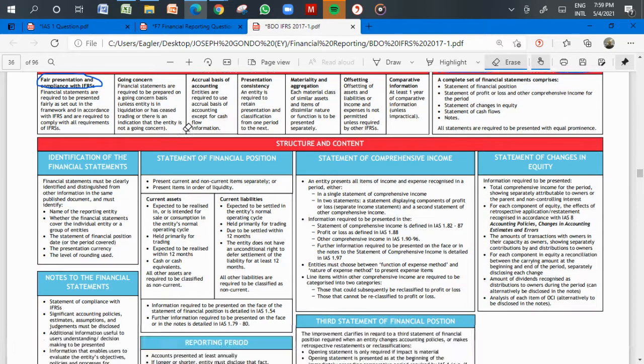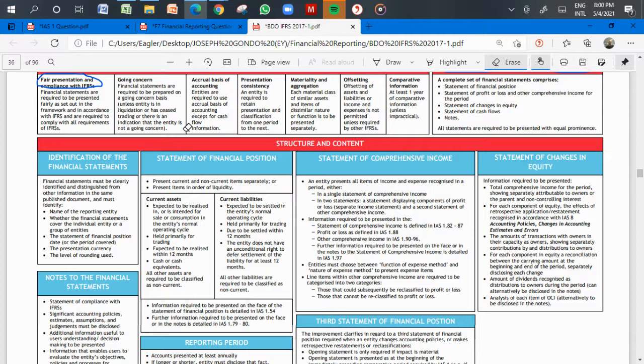Then another one is the accrual basis of accounting. Entities are required to use the accrual basis of accounting except for cash flow information. In terms of the conceptual framework or IAS 1, under accruals accounting we recognize assets or financial elements when they meet the recognition criteria per the conceptual framework. That's how they define the accrual basis of accounting.